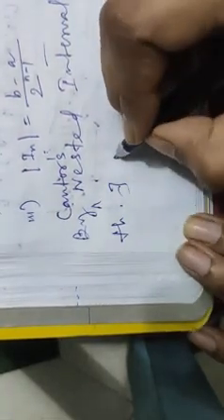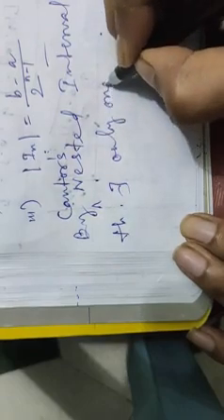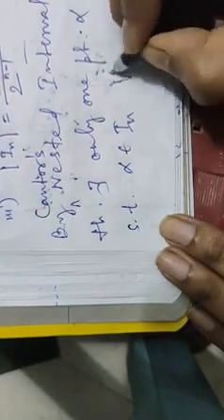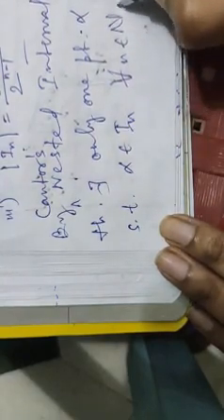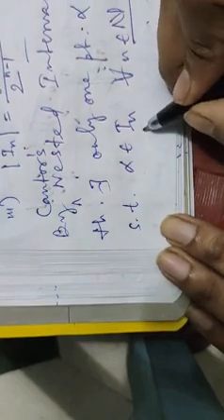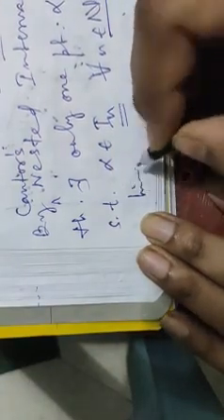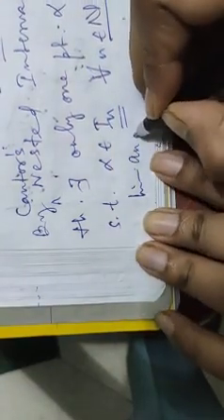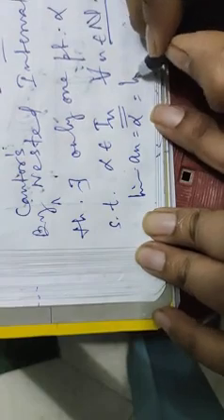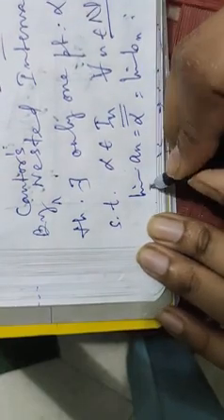That there exists only one point alpha such that alpha belongs to all In for all n belongs to natural numbers, that is alpha belongs to I1, I2, I3 and so on. Alpha belongs to all In, and limit of an equal to alpha and limit of bn also equal to alpha.